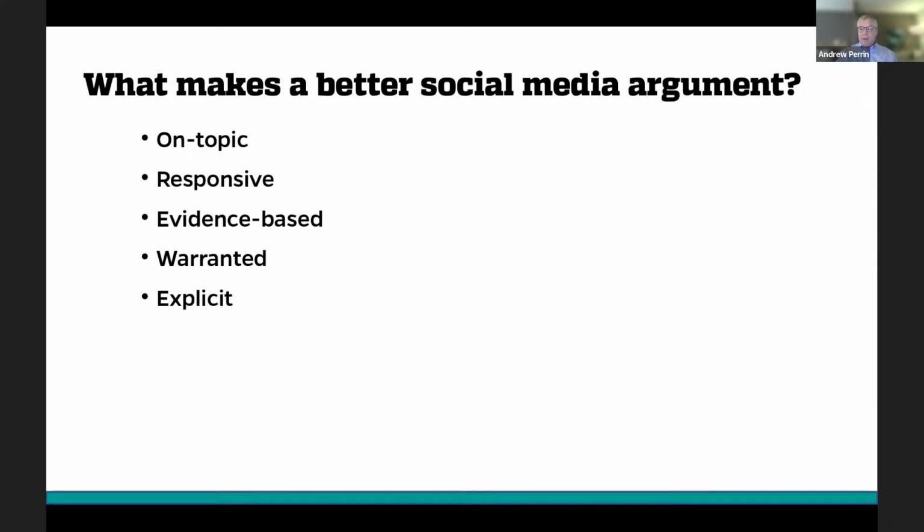I think better social media arguments, and maybe these are some of the ones we could try to have our tools put forward, are ones that are explicitly warranted. That is, that they explain not just what the evidence is, but why they think the evidence is relevant to the claim being made. And then the explicitness is really helpful, like to really specifically say, what is the claim that I'm trying to make?